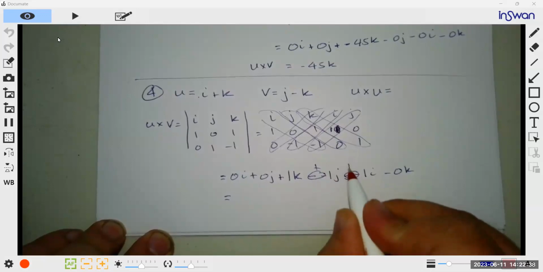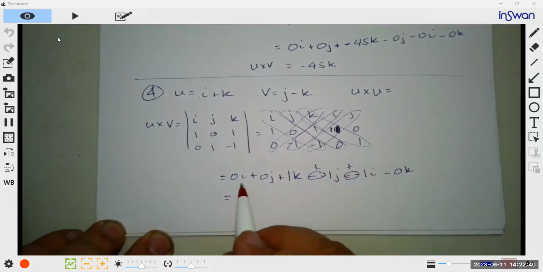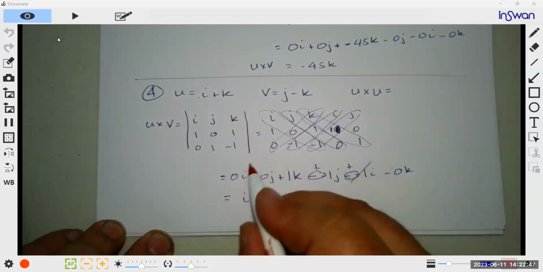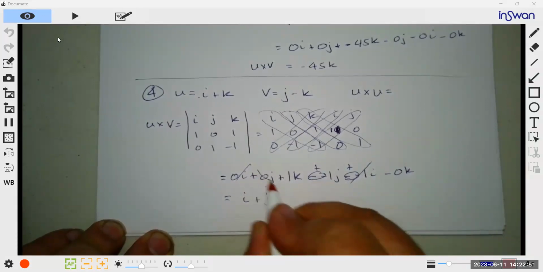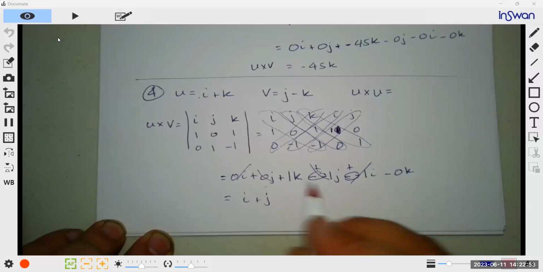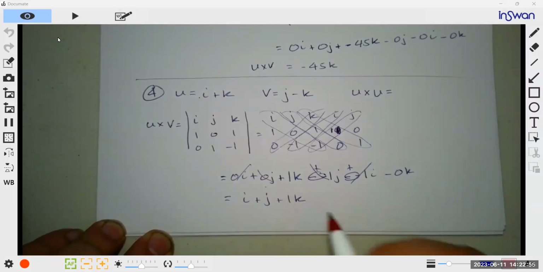That's a positive, that's a positive. So for the i's, we have 1i. We have 1j. And we have 1k.